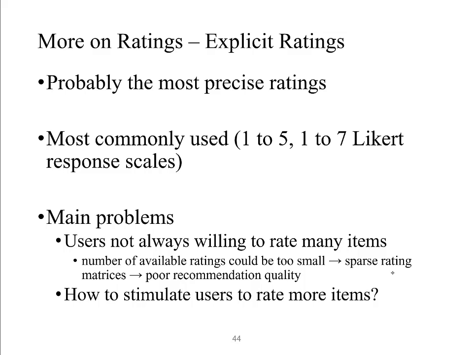For example, in the Apple Store or in booking sites, we're usually required to give the application or the hotel a score or a star, to assign stars to an item from 1 to 5. So it is the most commonly used way, but the main problem is that users are not always willing to rate many items.